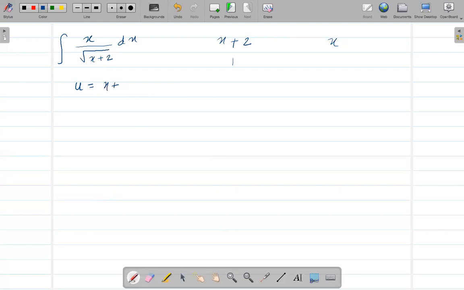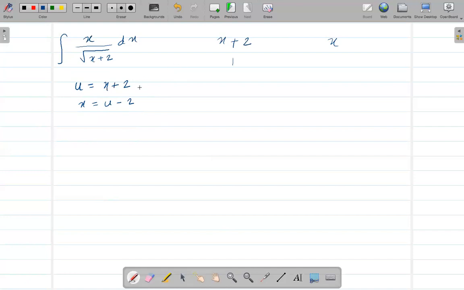So u equals x plus 2. Now from this, on the top we have x, right? So using this, I can subtract both sides by 2. So x is u minus 2, right? From this equation, I can get that. Clear?